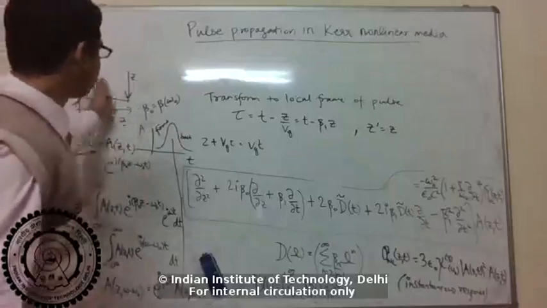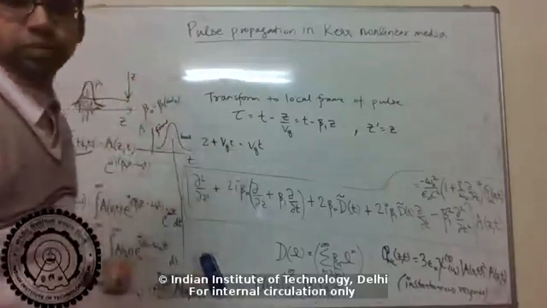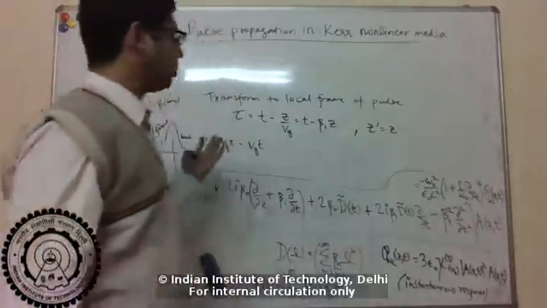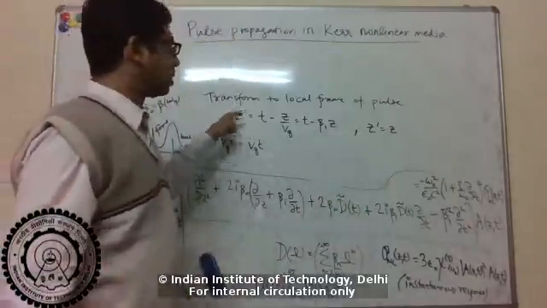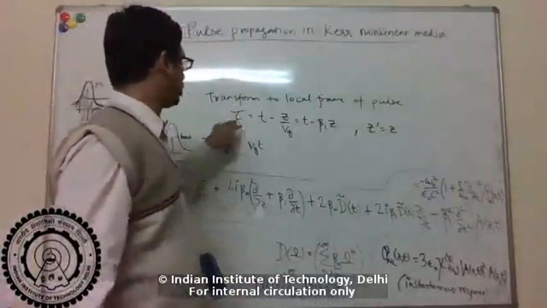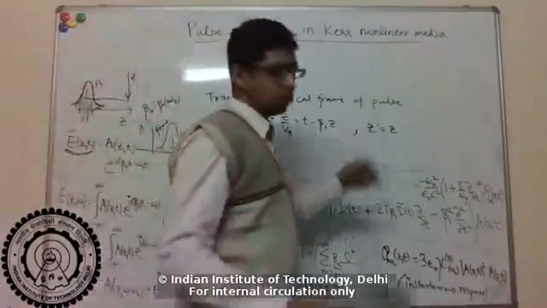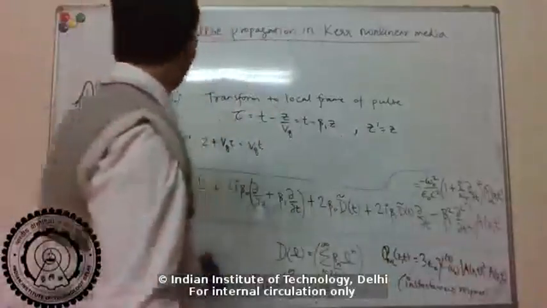It moves forward by an amount Z equal to Vg T. From that we want to go to a frame where the time coordinate is just the local coordinate of the pulse, and it is decoupled from the spatial location.